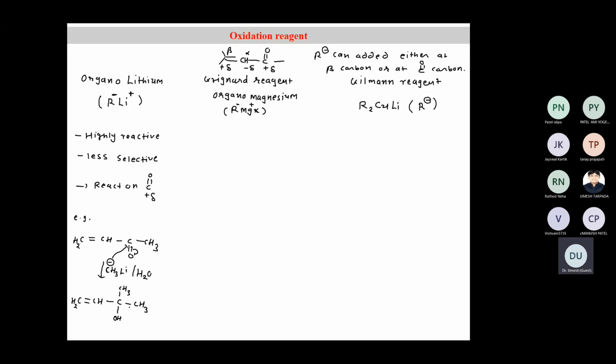As compared to this one, the Gilman reagent, dialkyl copper lithium, is a bulky reagent, as you know very well. So it is less reactive, and if it is less reactive, then it is more selective.